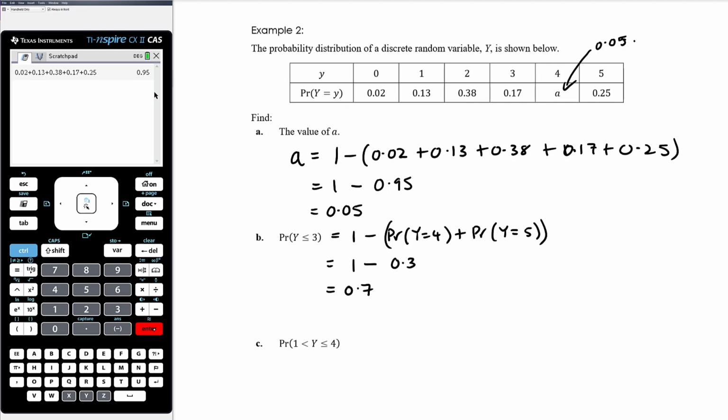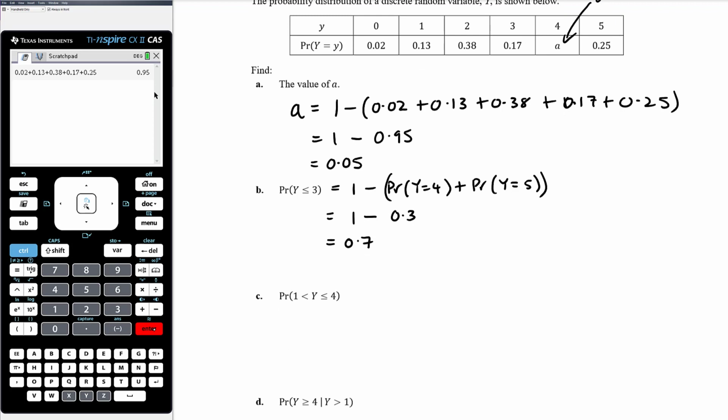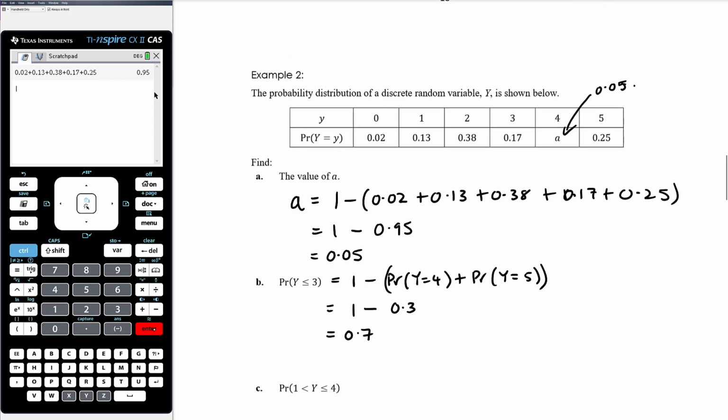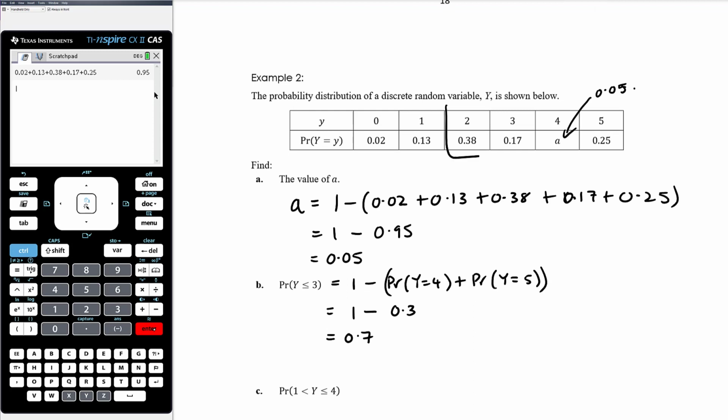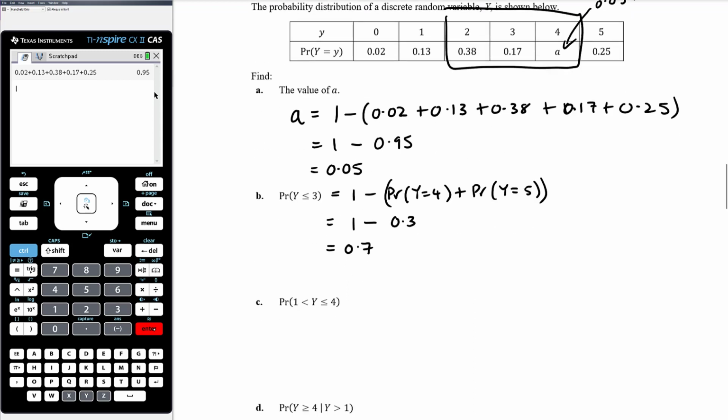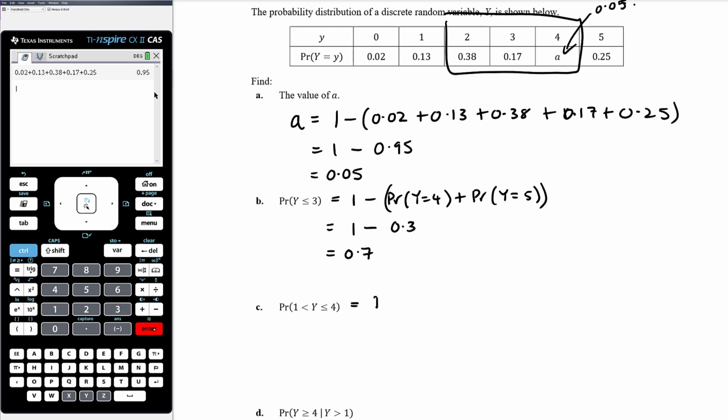It's about efficiency. C, find the probability that y is bigger than 1 but less than or equal to 4. Bigger than 1 doesn't include 1, less than or equal to 4, so we're talking about those 3 probabilities: the probability that y equals 2 plus y equals 3 plus y equals 4.